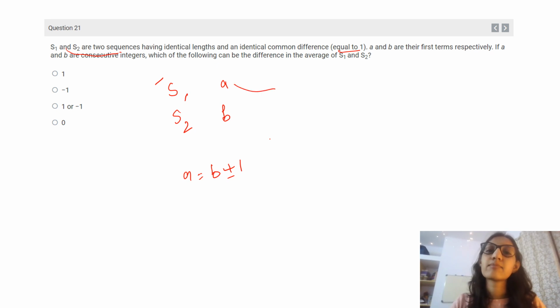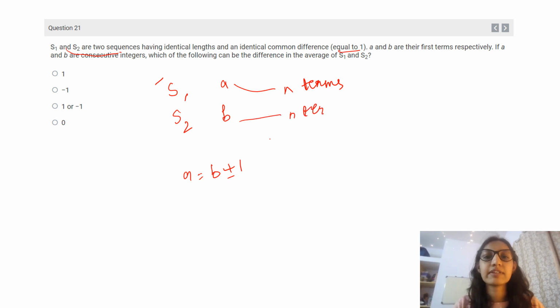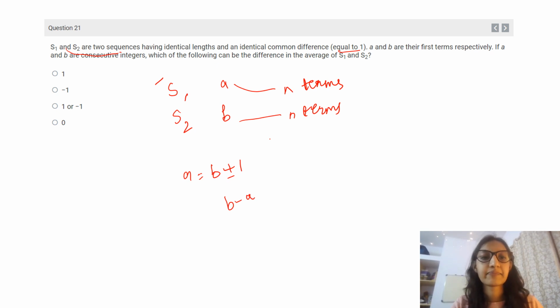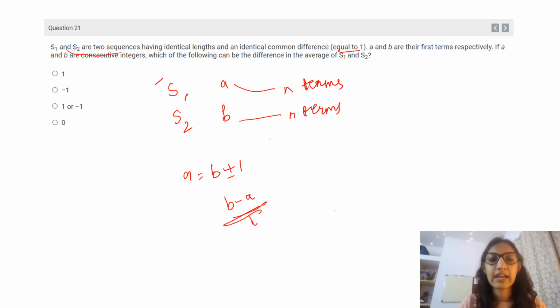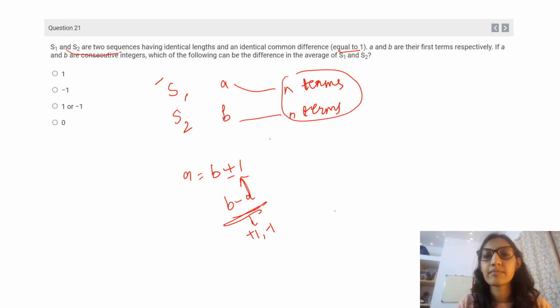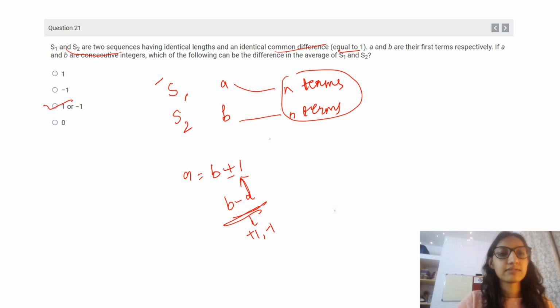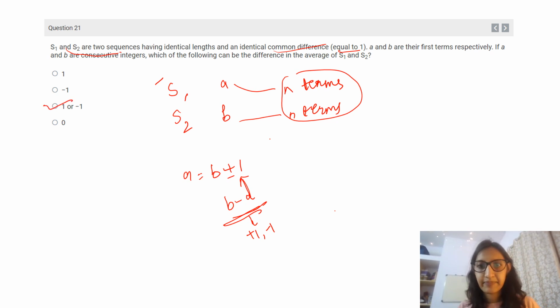So if they both have n terms and the common difference is same, then the average difference will also be equal to B minus A. Okay. Now this average difference can be equal to plus 1 or minus 1 as we discussed here. Since they both have the same number of terms and the common difference is same, so this is the one. Okay, I think you should get this.